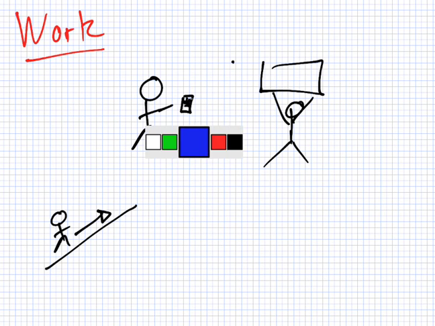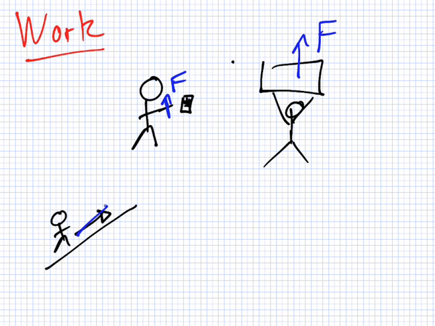And the key thing that's in common with all of these is that there's some kind of force that's being used to do the job. So the first thing you need to note is when you have work, that means there's some force present.